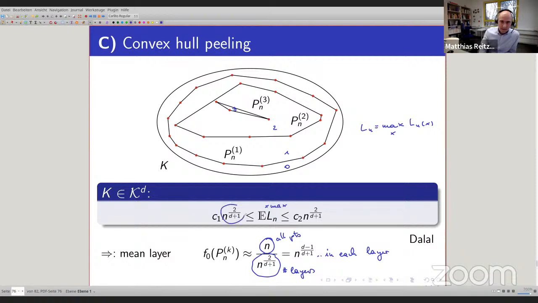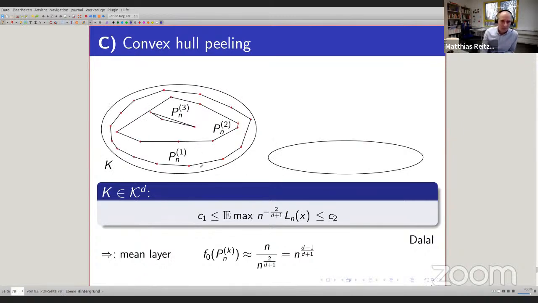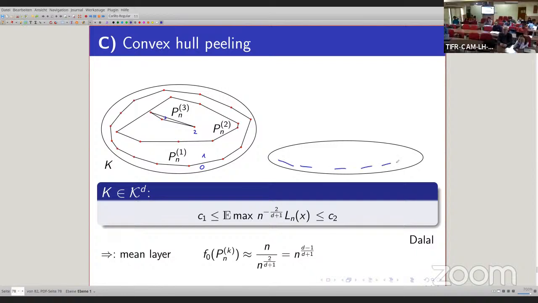And I take this and put it here by dividing this inequality by n to the power 2 over d plus 1. Then we get something like this here. And this tells you the following. So we have 0 here, 1 here, 2 here, 3 here. So if you try to make a bad picture now, I have something like this here. Here we have the value 0, then we have a step 1.